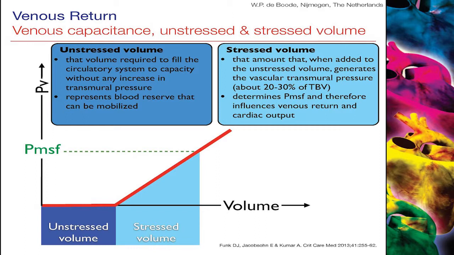When you add more fluid to the venous system, that will increase the pressure in the venous system, and that volume is called the stressed volume. Stressed volume is the amount that, when added to the unstressed volume, generates the vascular transmural pressure. It's a driving force for the blood from the peripheral tissue to the heart. It determines the mean systemic filling pressure and is therefore of influence on venous return, and what goes in must come out, or the other way around, what comes out must first come in.